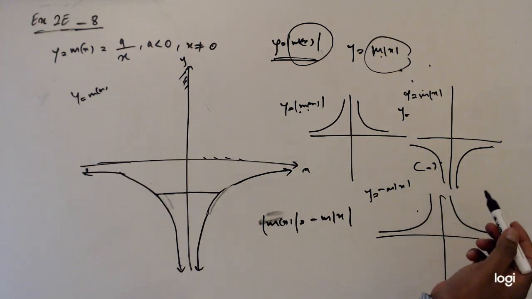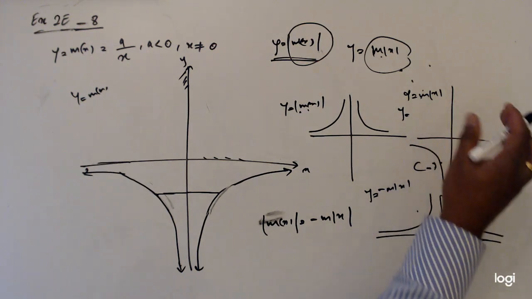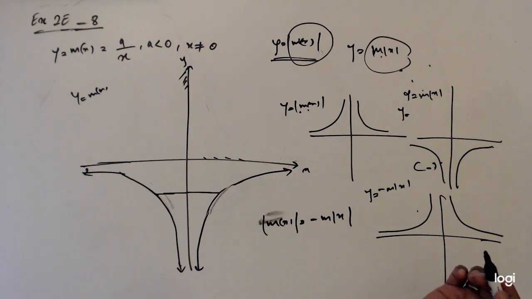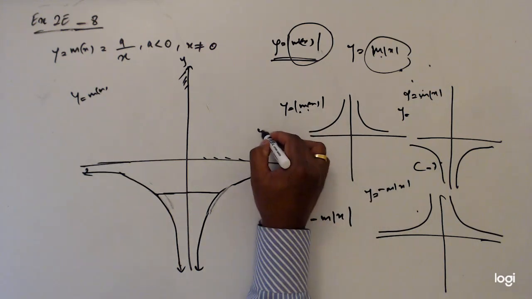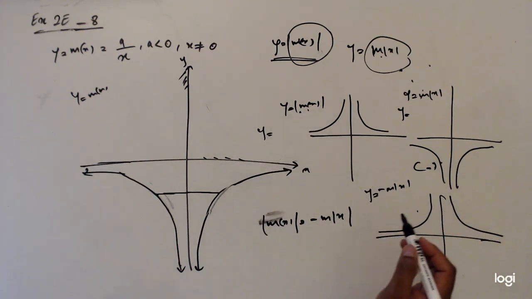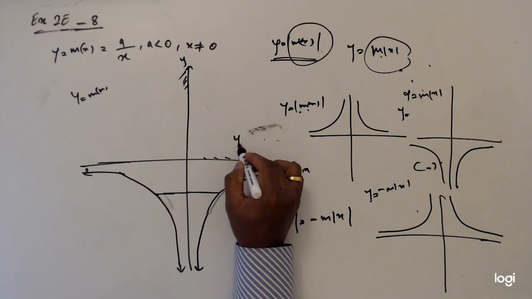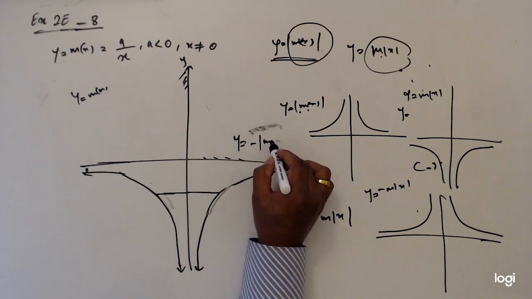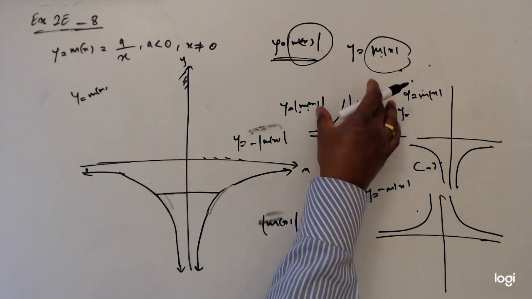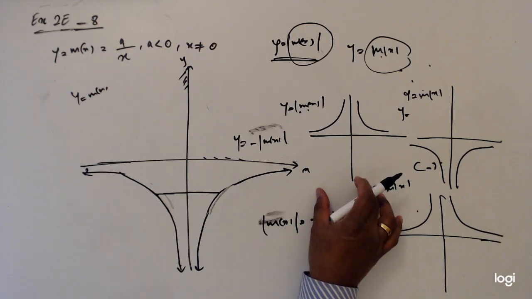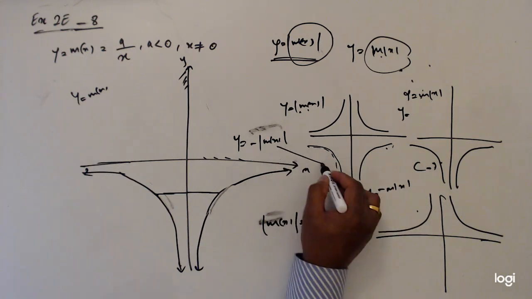Or what you could do now, we bring this part onto top by introducing minus, or you can bring this one to down by introducing y equal minus mod mx. Then we make it positive everything, then we bring everything down. So likewise, this is this graph.